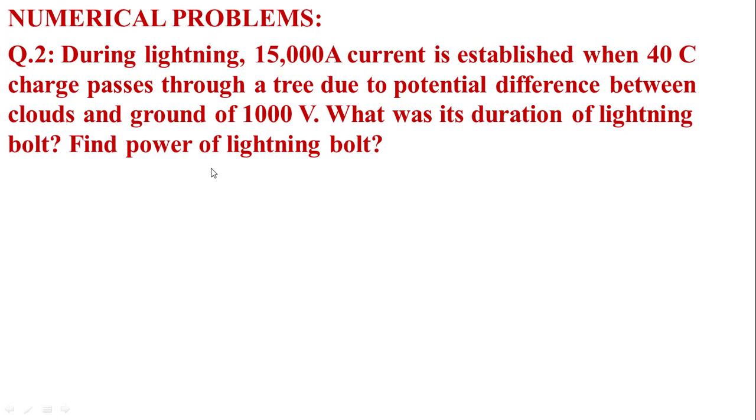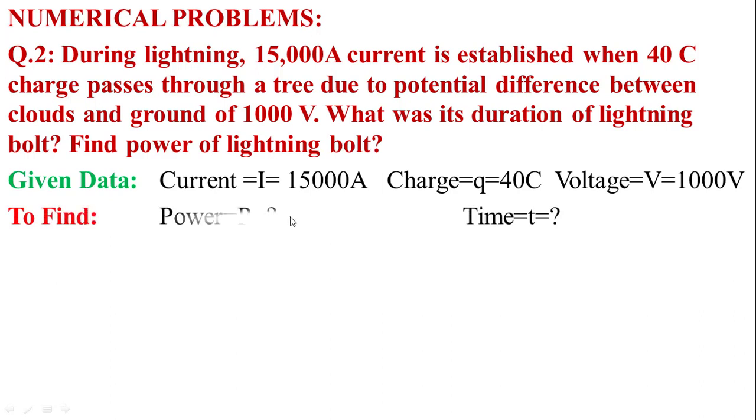Now, according to the statement, we can write the given data. Current I is equal to 15,000 ampere, charge Q is equal to 40 coulomb, and voltage V is equal to 1000 volt.